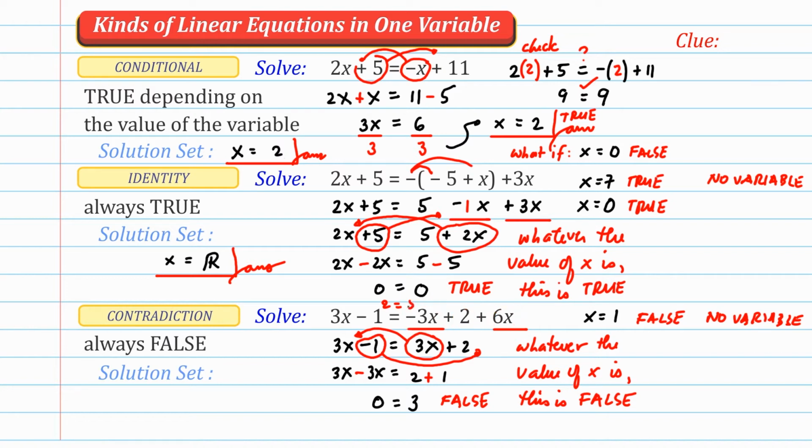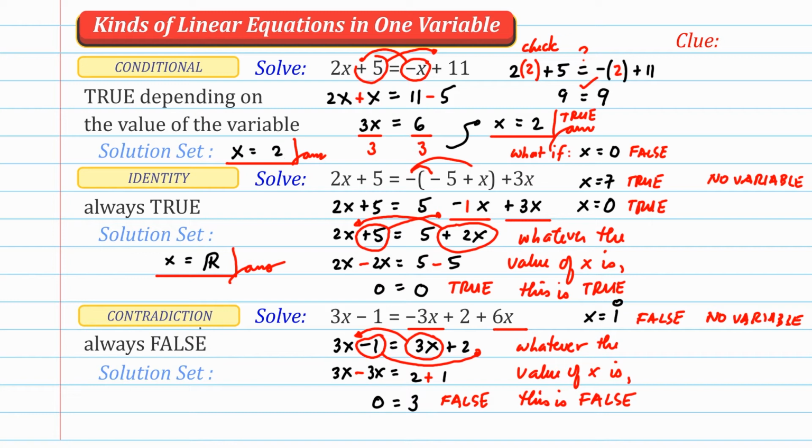Is 2 equal to 5? False na naman. So, again, false po yan. Actually, kahit ano pong ipasok nyo dito, kahit anong number, 1, 2, 3, any number, it will always be false. Bakit? Yung value ng number na ipinasok mo won't matter. It will be cancelled anyway. It will always result to a false statement.